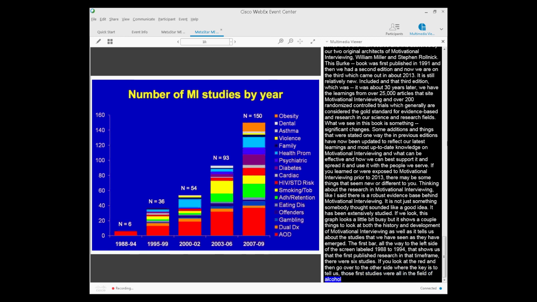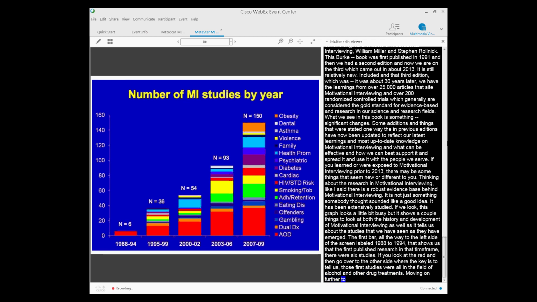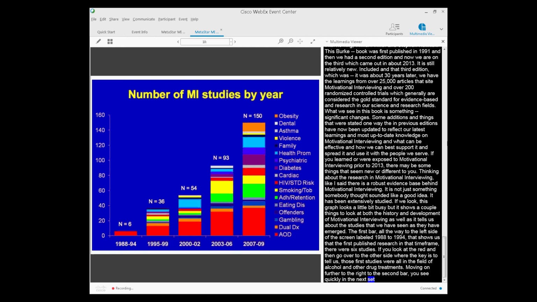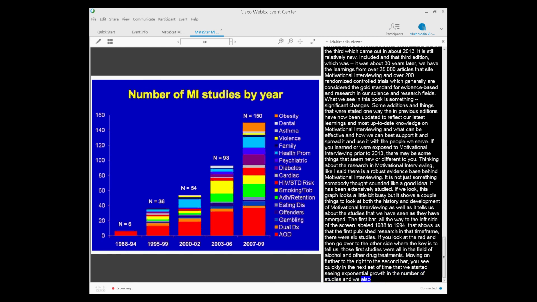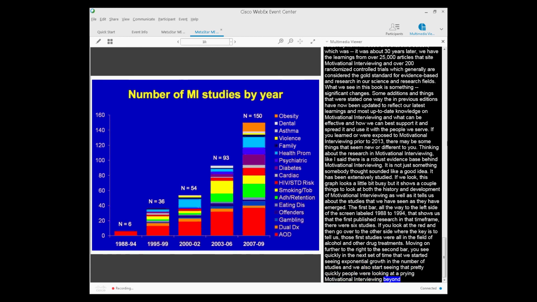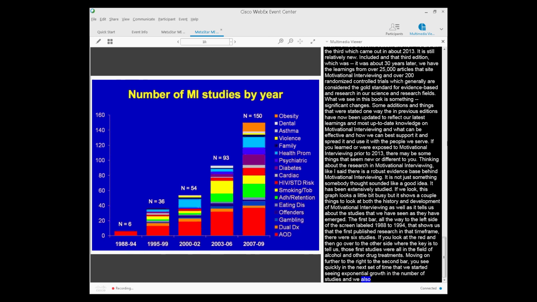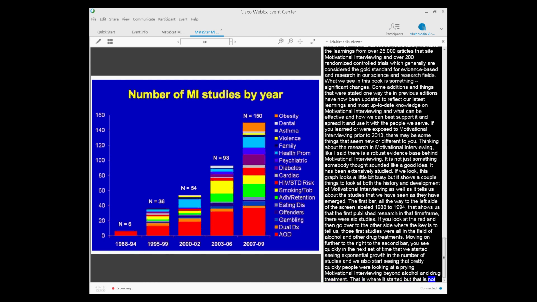And then moving on further to the right to that second bar, you see quite quickly in the next set of time that we started seeing, number one, exponential growth in the number of studies, and pretty quickly people were looking at applying motivational interviewing beyond just alcohol and drug treatment. That's where it started, but that's certainly not where it stayed, and not where it only lives these days.